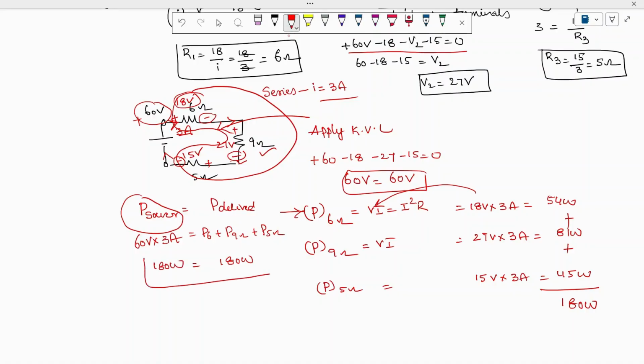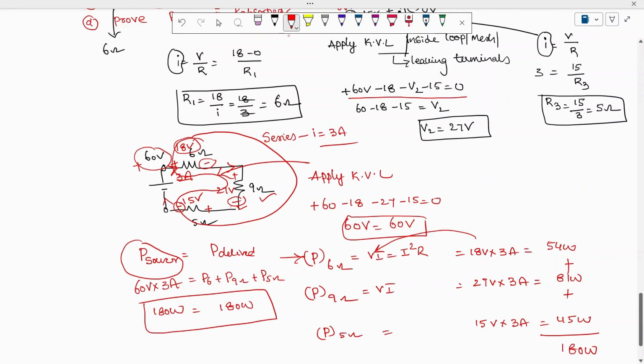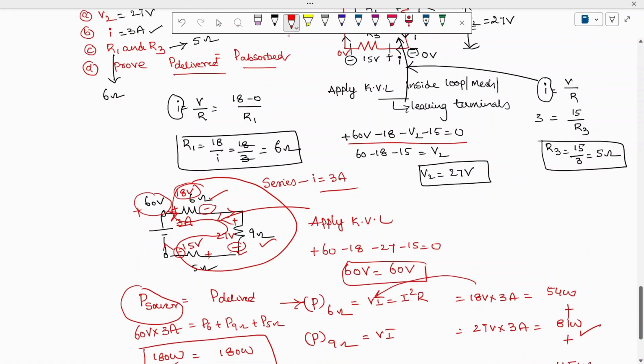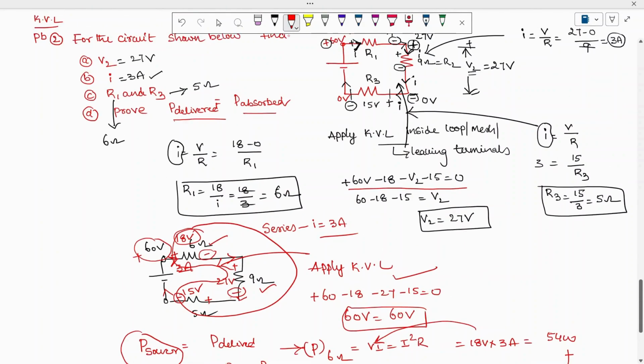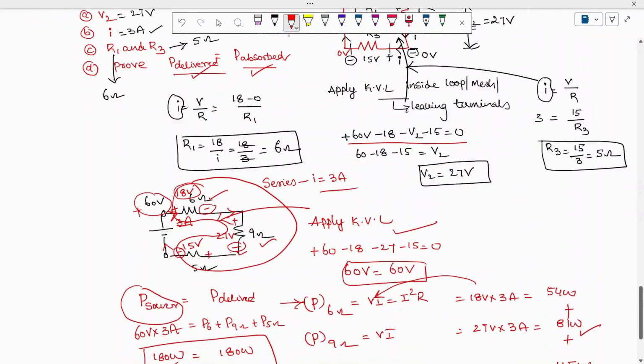Whatever the examiner has asked, it is proven. So the power delivered is 180, and it is absorbed across the 6 ohm resistor as 54 watts, across the 9 ohm resistor as 81 watts, and across the 5 ohm resistor as 45 watts. You can see here KVL is verified, and power delivered by the battery and power absorbed by all three resistors are also verified.